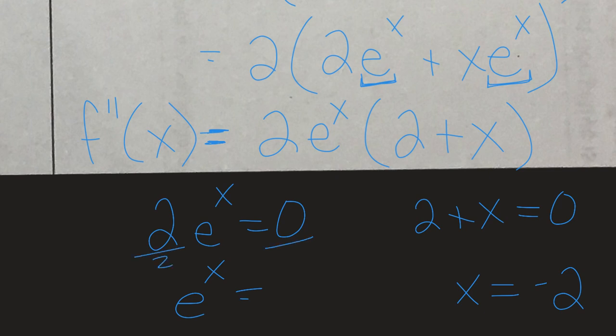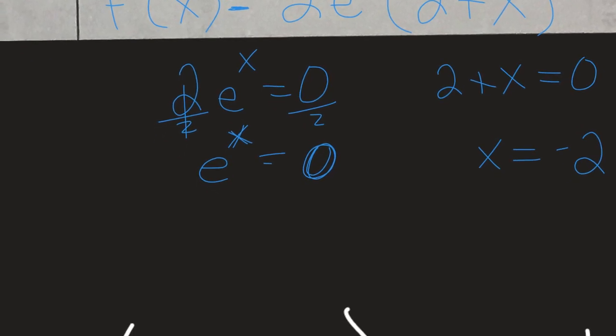Nope, let's divide both sides by 2. So e to the x equals 0. So what do we have to raise e to in order to get 0? 1. E to the first power, that's e. 0. E to the 0. Can we natural log both sides? We can. So is there such thing as the natural log of 0?